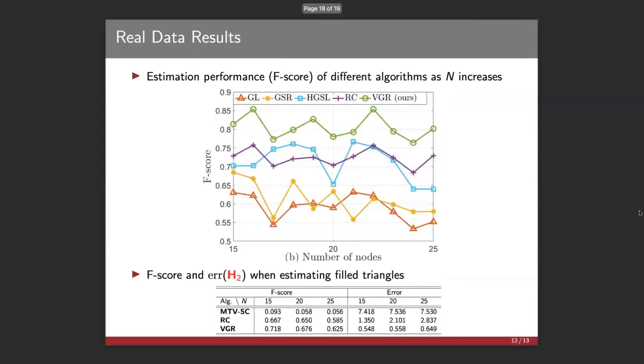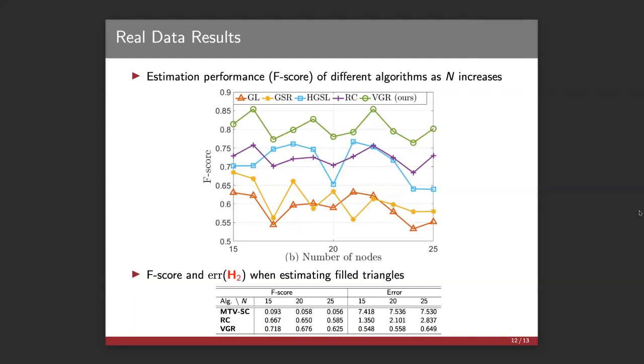Next, we compare our algorithm with the alternatives on real data. We are using a co-authorship dataset, and we construct the H1 and H2 matrices assuming that for H1 two authors are connected if they collaborate on the same paper, and the higher order interactions, triangles, are present if more than two authors collaborate on the same paper.